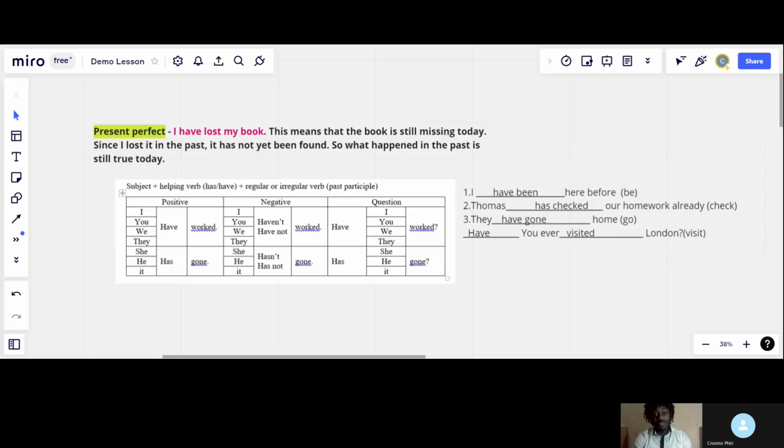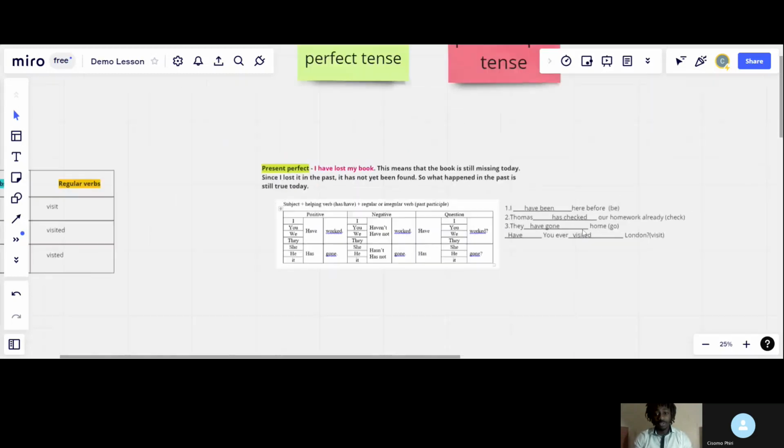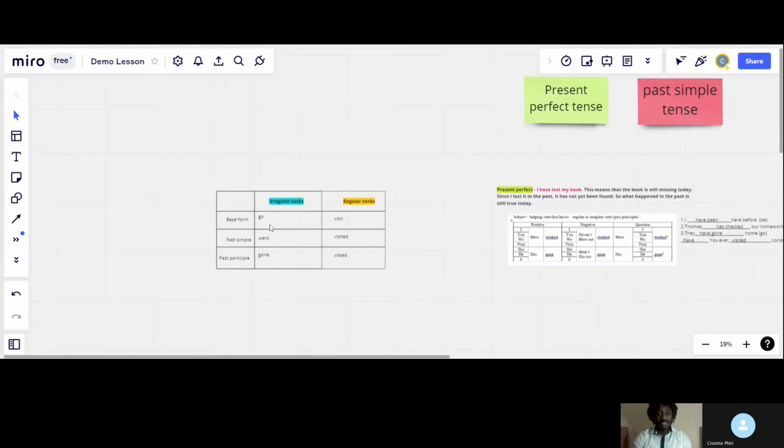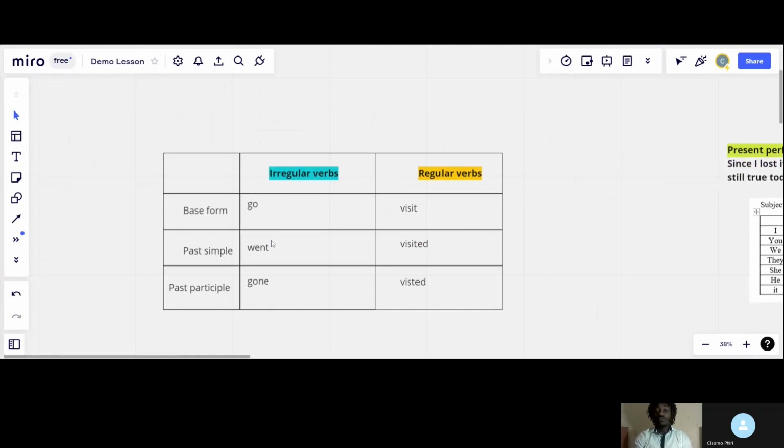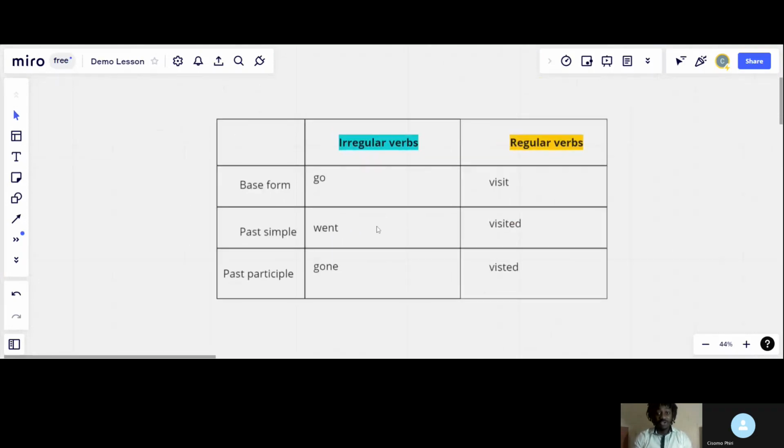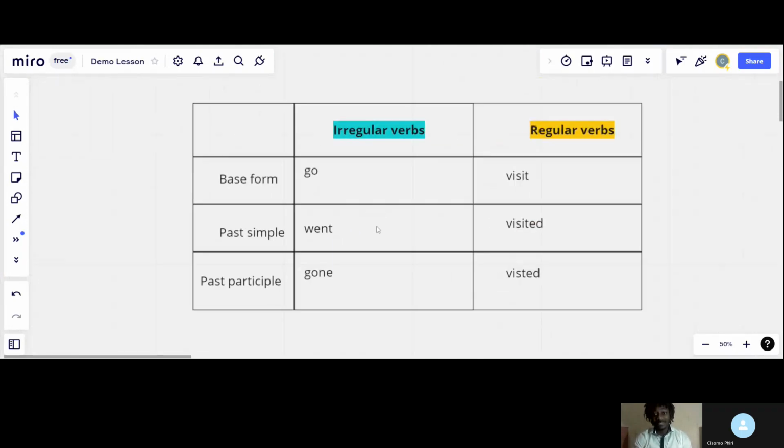And then your verb changes to its past participle. Now, I did mention that verbs change differently if they are regular verbs or irregular verbs. What does this mean? This is one of those things that in English you will learn as you advance.